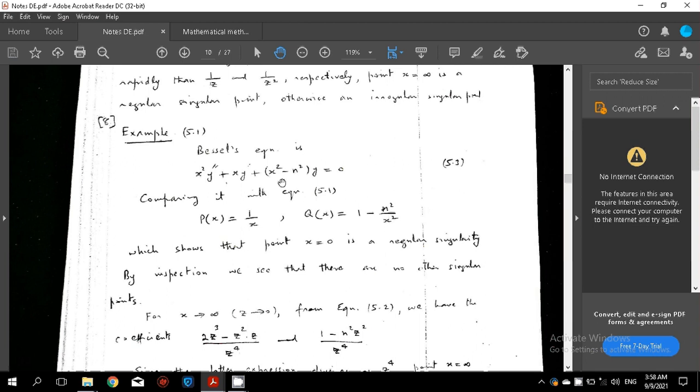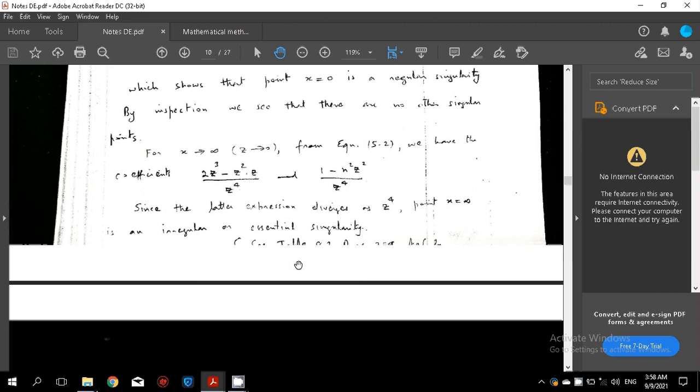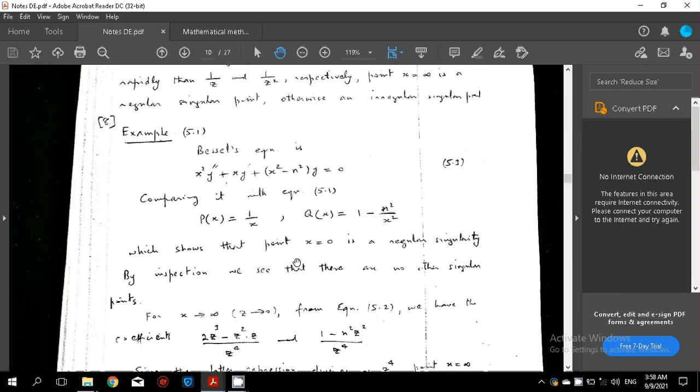This is in fact the Bessel's differential equation of order n. N is some constant. So you will see in the following steps the discussion of the ordinary points and the singular points of this particular equation.